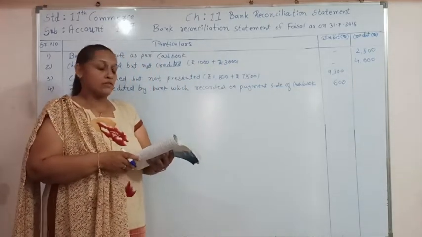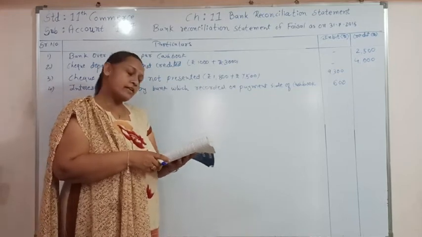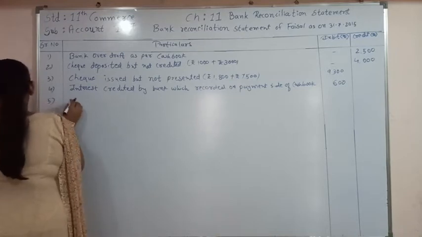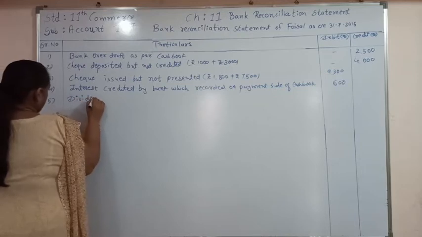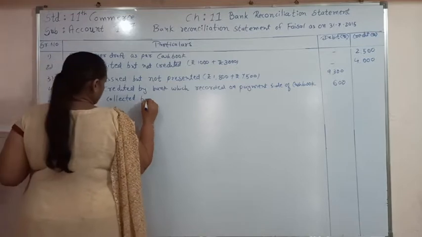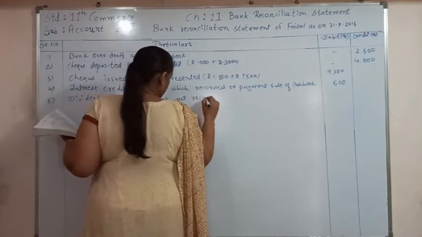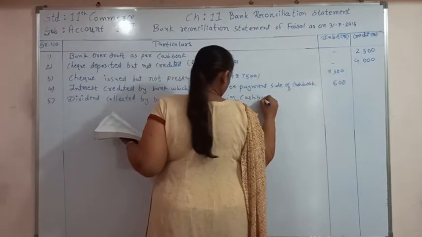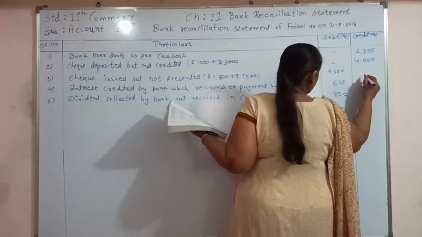So number 5, dividend collected by bank not recorded in the cash book. So that is 800.